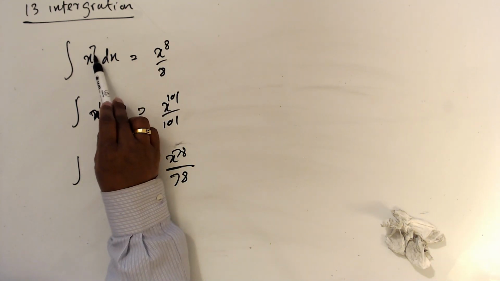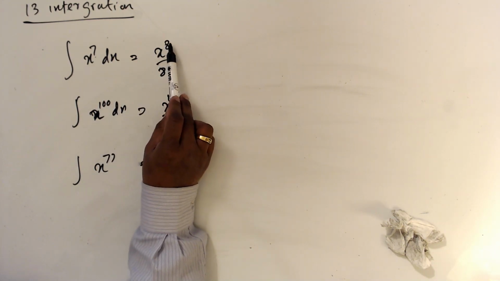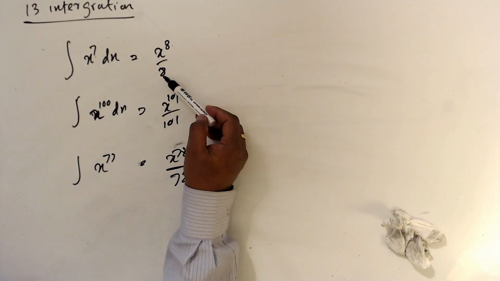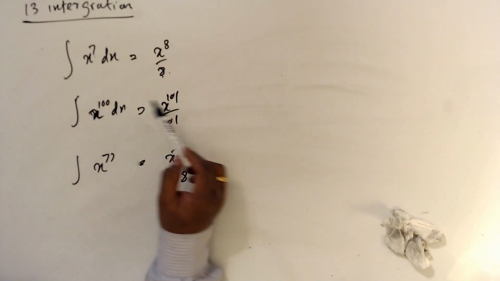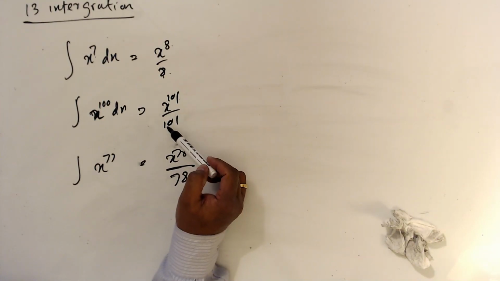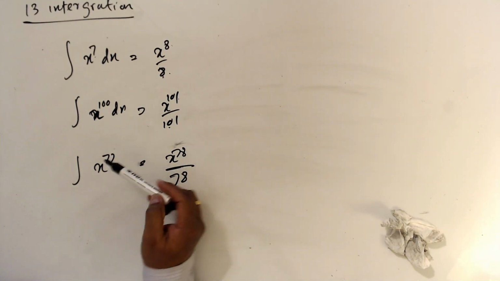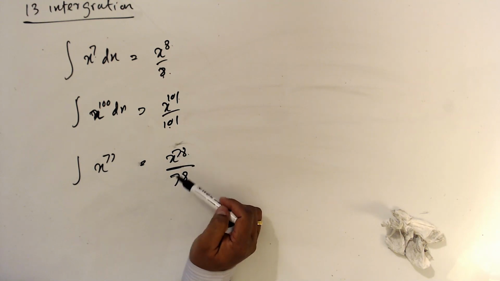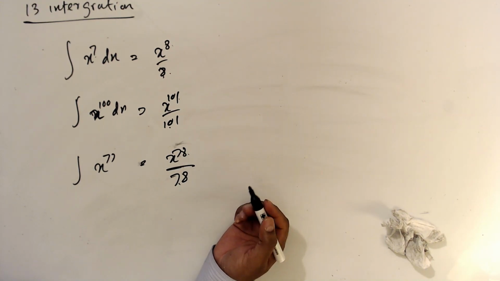If it is x to the power 7, I add 1 and then divide by the new power. x to the power 100: add 1, 101, divide by 101. x to the power 77: you add 1, it becomes 78, and divide by 78.